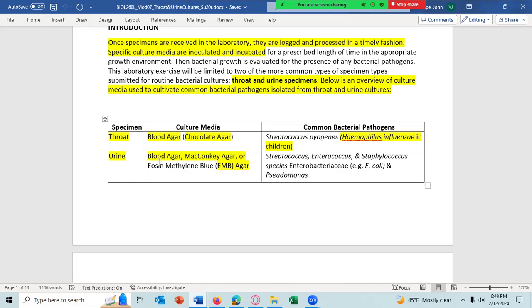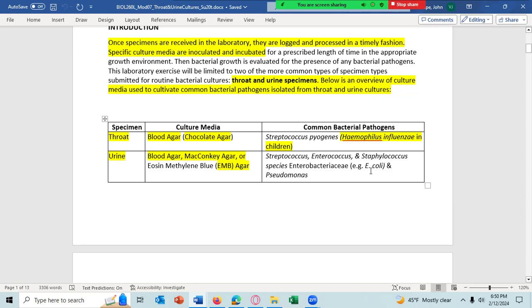Most of the urinary tract infections are caused by a gram negative, specifically the Enterobacteriaceae family. That is the majority of the urinary tract infections.